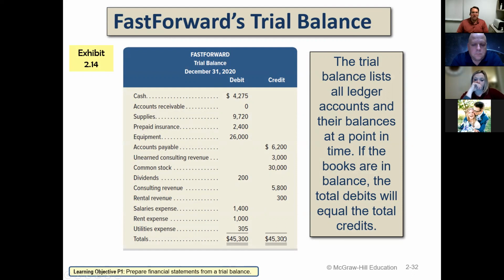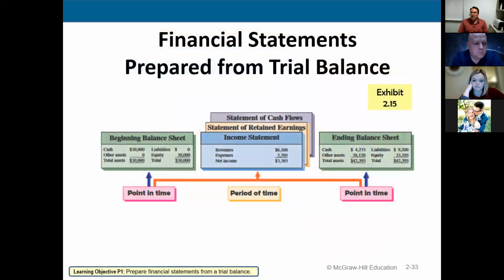And that has to be. If something's not balancing, it means you have an error somewhere and you need to go back and figure out what it is. So once I have that trial balance created, then I can create my statements. My statements are my income statement, my statement of retained earnings, my statement of cash flows, and my balance sheet.